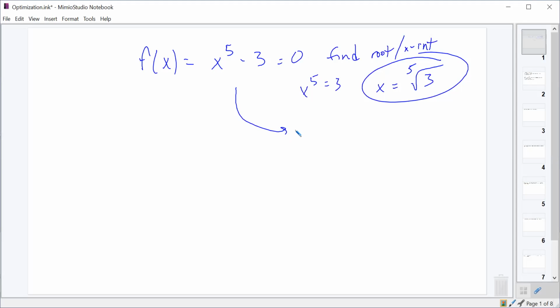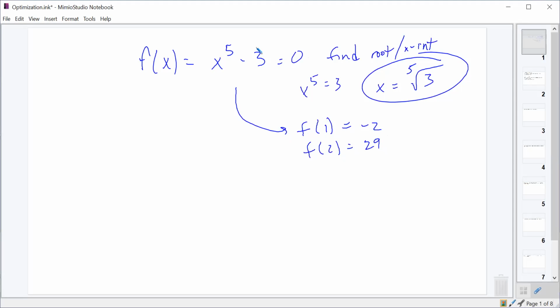So we know that f of 1 is what? -2. Yeah, -2. And we know that f of 2 is 29. That's right.